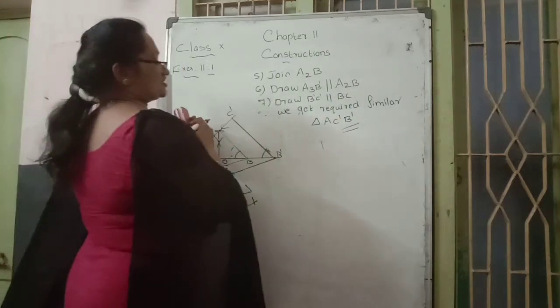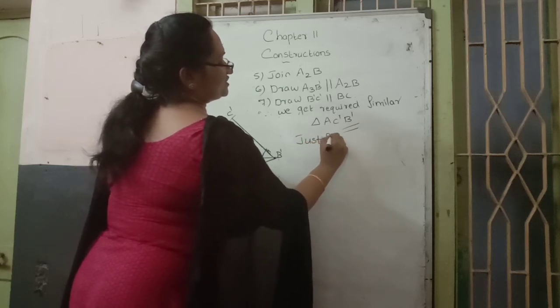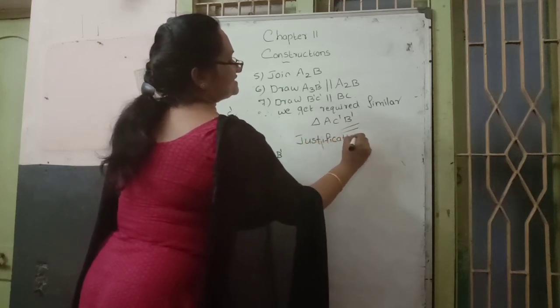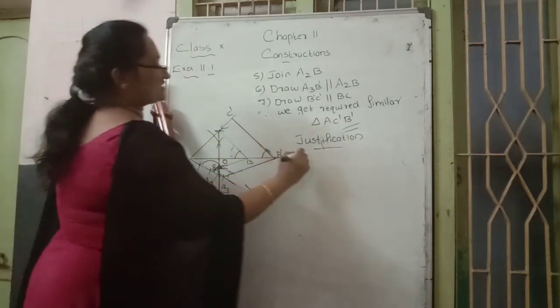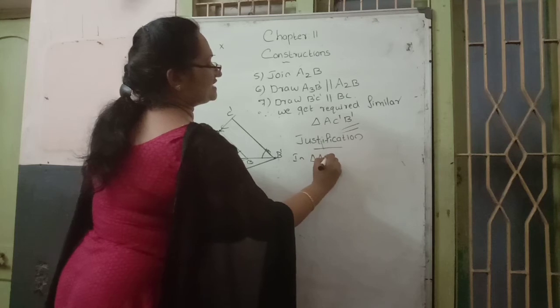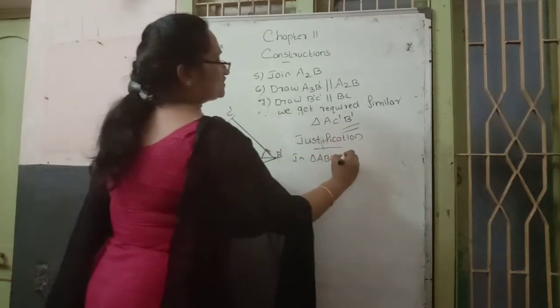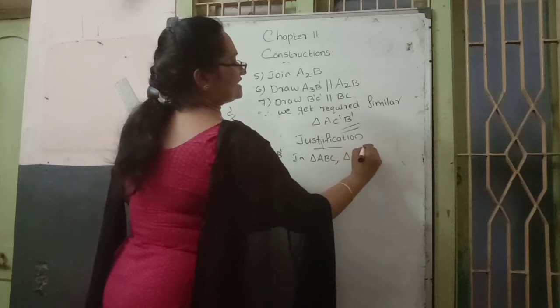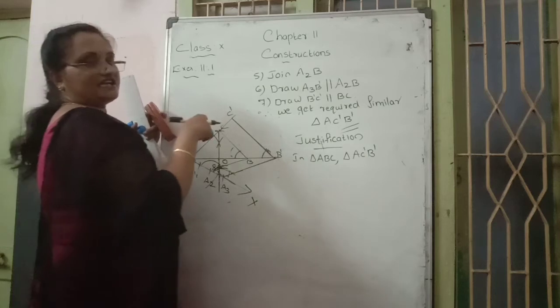We convert the mixed number into an improper fraction. So, the justification case. First, we consider two triangles. Which are the two triangles? The original isosceles triangle, ABC. Then our next similar triangle is triangle AC dash B dash.